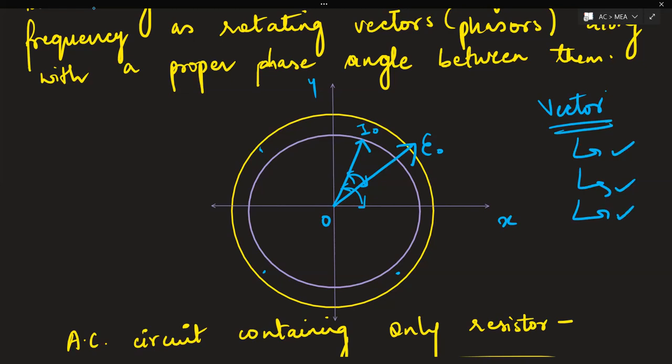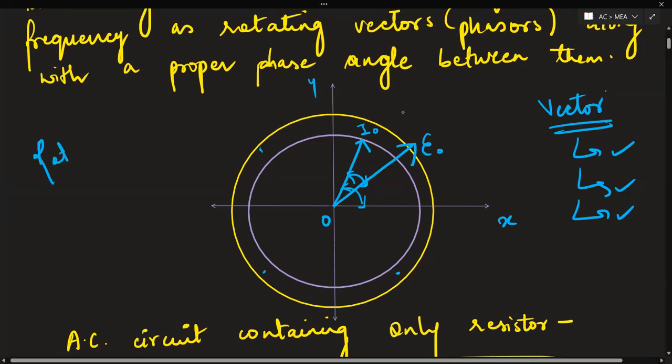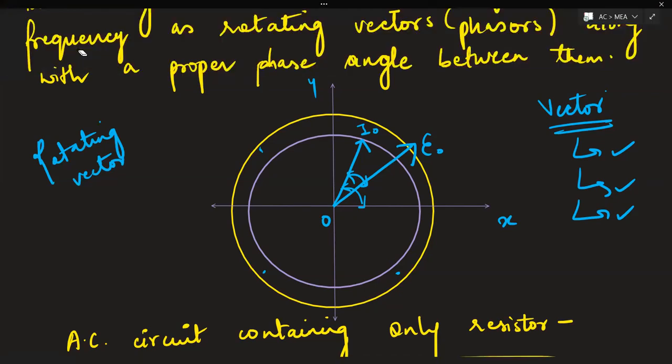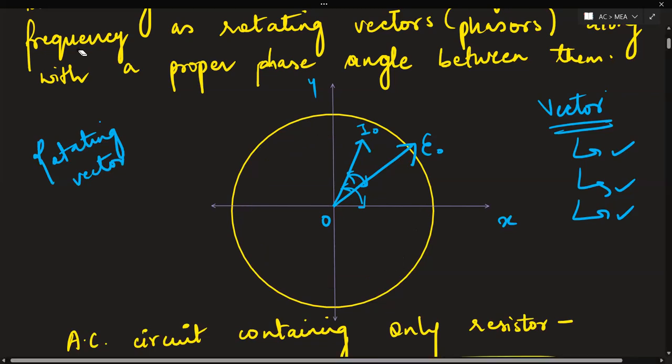Potential, voltage is a scalar quantity. Current, we've already discussed in current electricity that it is a scalar quantity. So do not go through this. We have just named this term a rotating vector. A rotating vector is simply showing that this is rotating, and you're able to analyze facts from this. When we do circuits, right now we'll start with a circuit containing only AC.